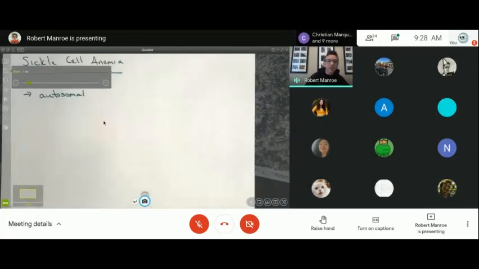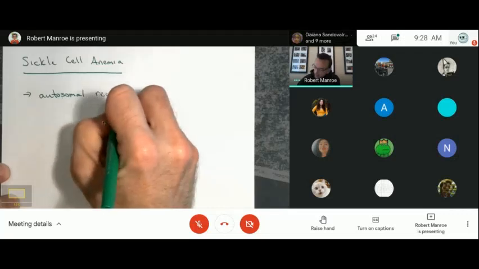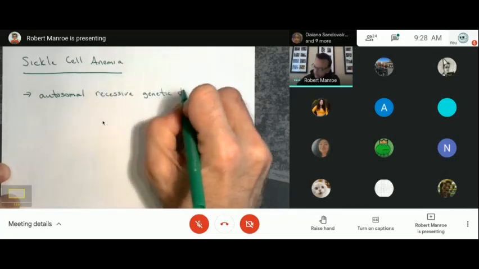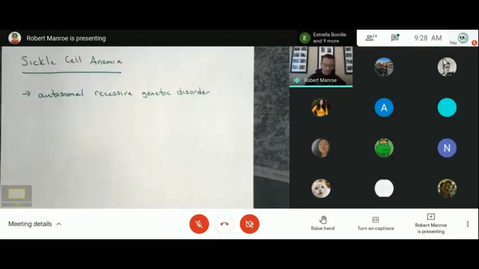It's an autosomal recessive genetic disorder. Okay, you don't walk down the street and go, "Oh, I caught sickle cell." Okay, not the way it works. You carry these alleles in your DNA.